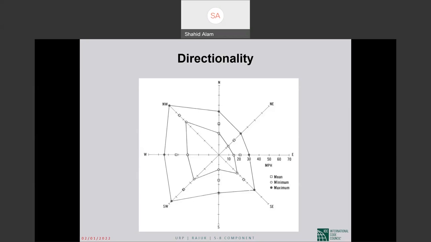In ASC 7-95, it was 1.3. Now the 1.3 was divided by the directionality factor of 0.85 because wind had been multiplied by it. 1.3 divided by 0.85 was 1.53. It was rounded up to 1.6.